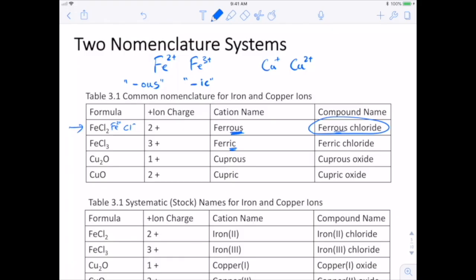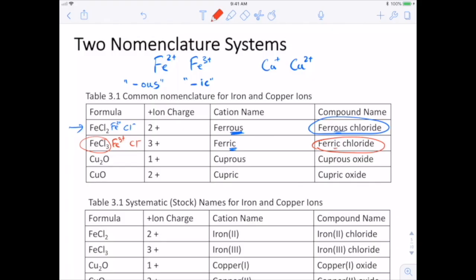If we called it ferric chloride instead, the ferric tells us that the iron cation is actually a 3+. Chloride ion is still a 1-, but now we know that it's going to be a different ratio. It's going to look like this if it's ferric chloride.